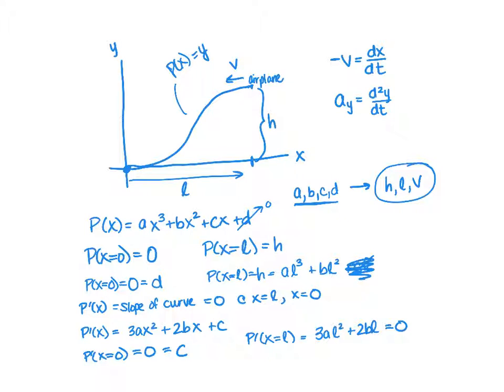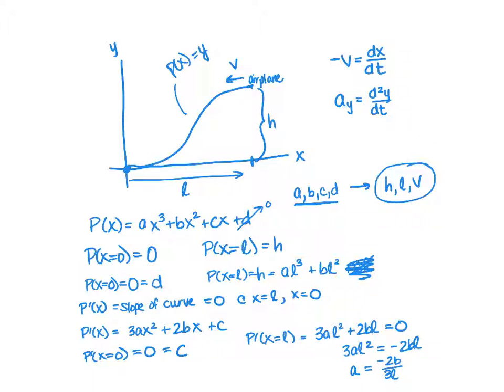Now what this will do is it lets me, I know 3aL squared is equal to minus 2bL. I can actually solve for a in terms of b, and that will get rid of one of my variables.